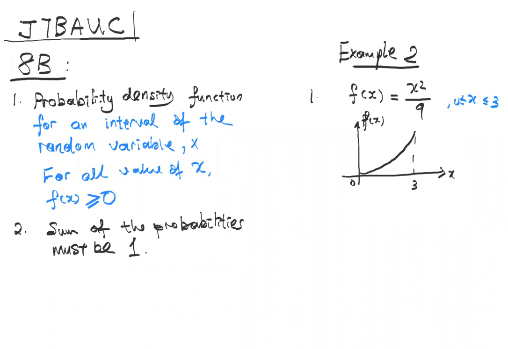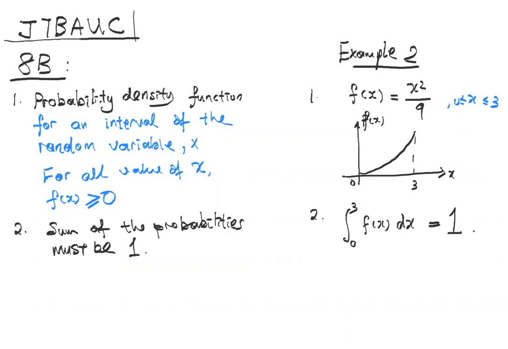Integrate, yes. So second criteria: the integration of the probability density function, over the possible values of the variable, must be equal to 1. If it's not, then it's not a valid probability density function. You cannot jump to the second first. It must start with the first criteria.